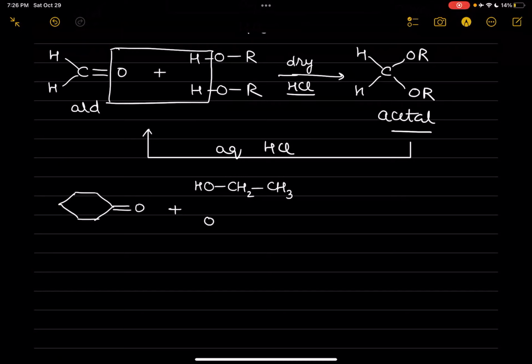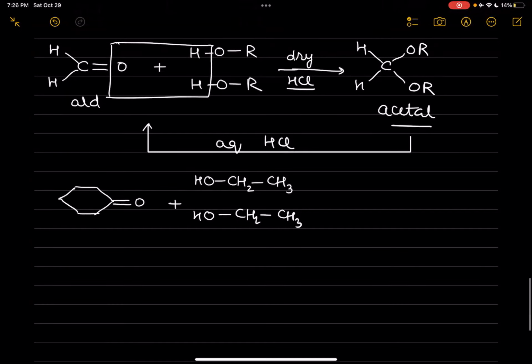Why are they less reactive toward nucleophilic addition reaction? Because they have two alkyl groups, which are bulky. That's the reason. Because of their bulky nature. Okay. Yes, sir.